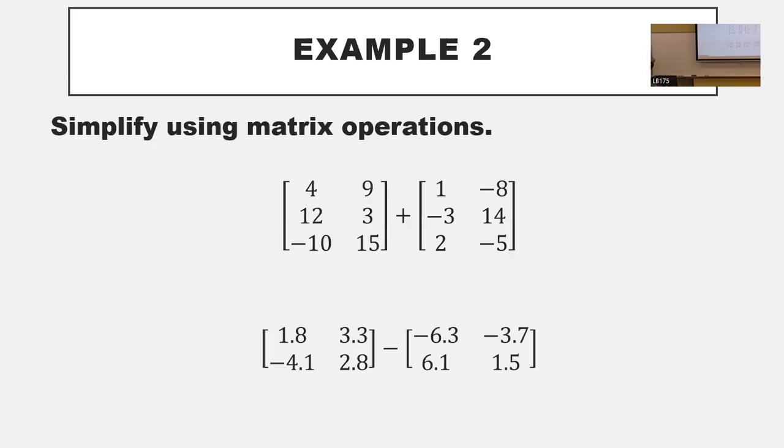Here we have 2 matrices added together, 2 matrices subtracted. I'll flip to another example in a moment where we take scalar multiplication and all that stuff. So try these on your own.